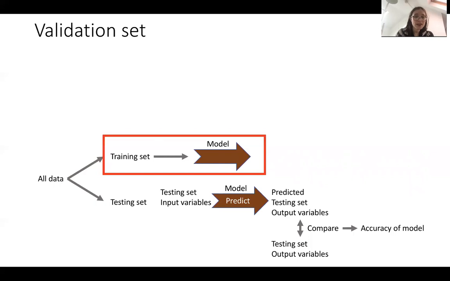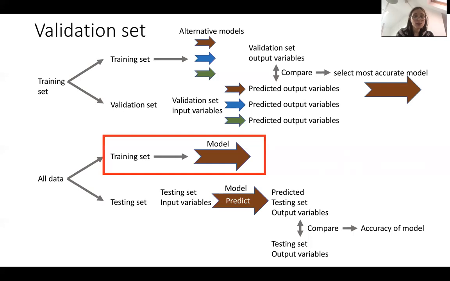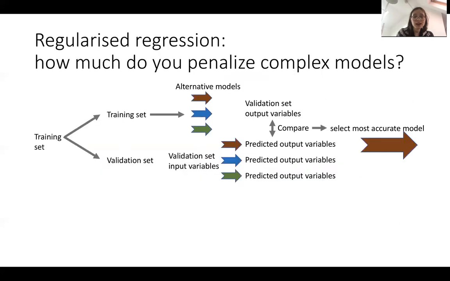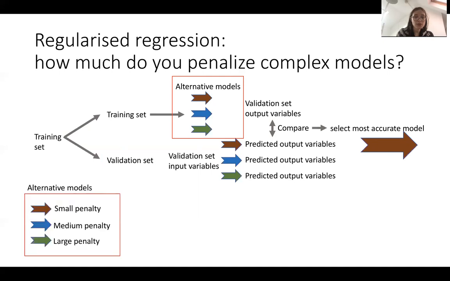Recall that we take our data and we split it into a training set, which we use to build the model, and a testing set, which we use to measure the accuracy of the model. Recall that we often take the training set and further divide it into a smaller training set and a validation set, and that the training set is used to build many alternative models. In regularized regression, the alternative models will have different levels of penalties for complexity. So for example, some of the models will penalize complex models a lot, and some will only penalize complex models a little bit.